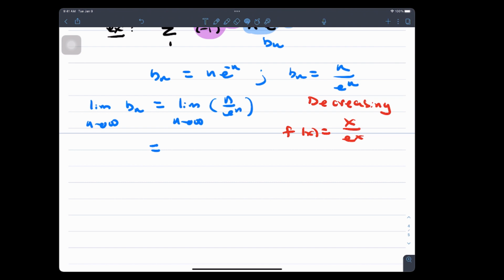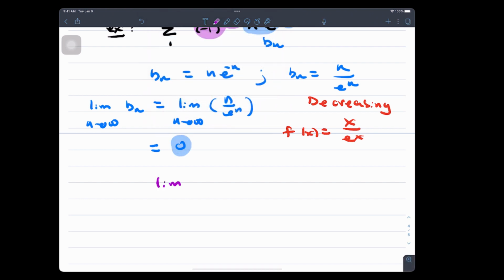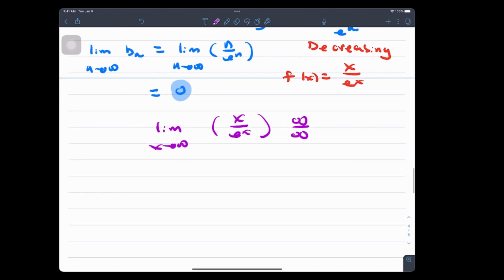So what do you get here? What's this limit? Do you guys know what that limit is? That limit is also 0. How do you guys know that limit is 0? Yeah, you can say by L'Hopital's rule, you're going to have x over e to the x. That's infinity over infinity. So by L'Hopital's rule, we take the derivative of the numerator, which is 1, over the denominator, and that limit is 0. So, yeah, you could do that. Okay.